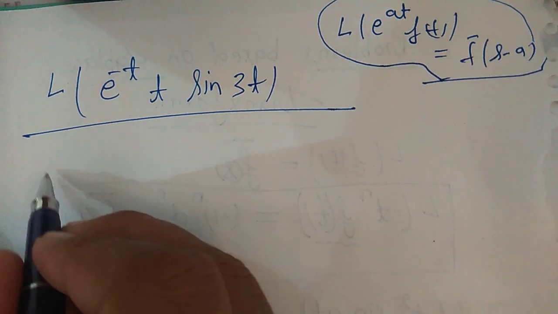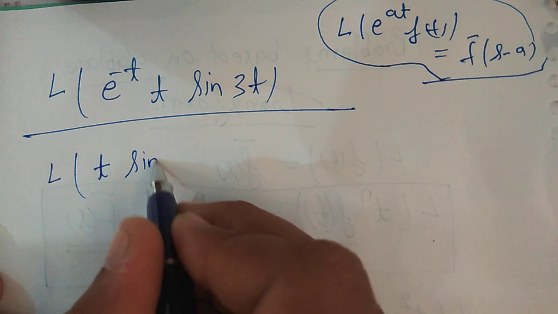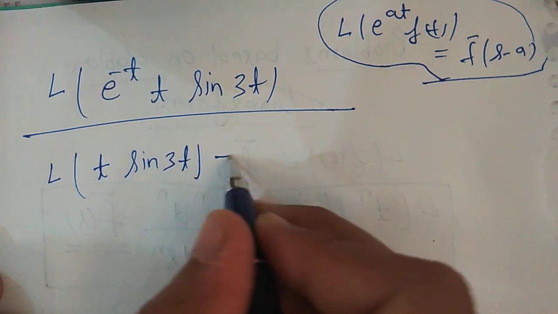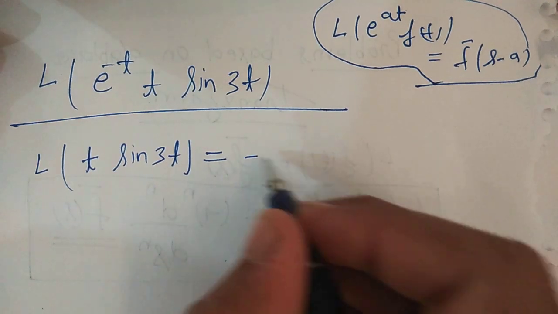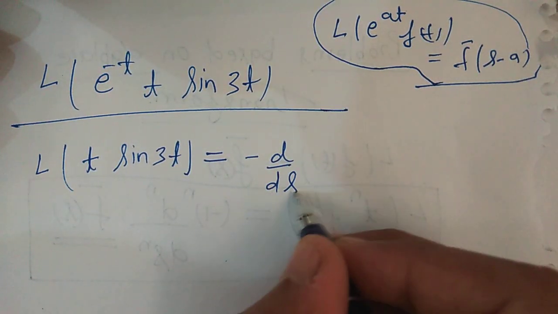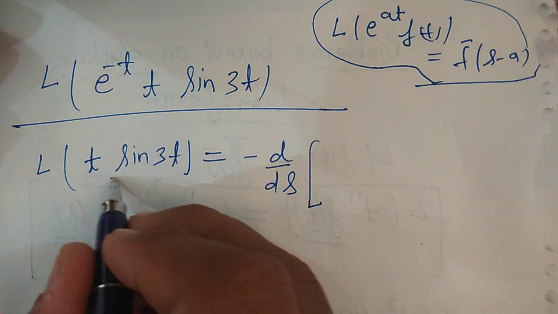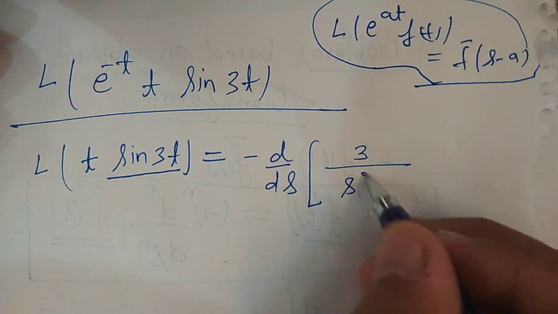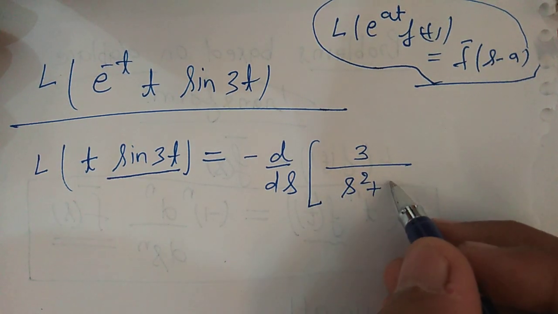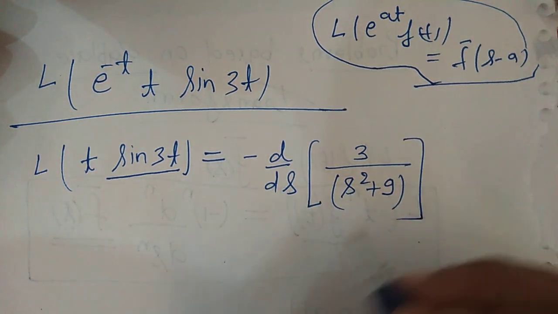First we'll find out Laplace of t sin 3t. Here n equals 1, so minus d by ds of F s, where F s is the Laplace transform of f t, that is 3 upon s square plus 9.